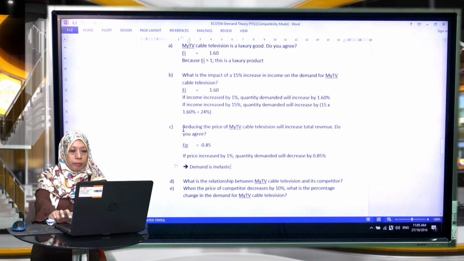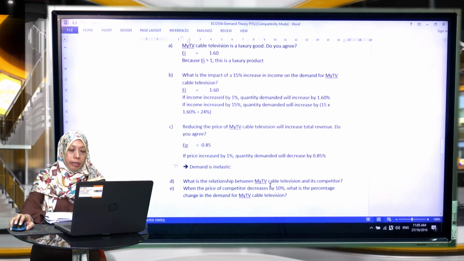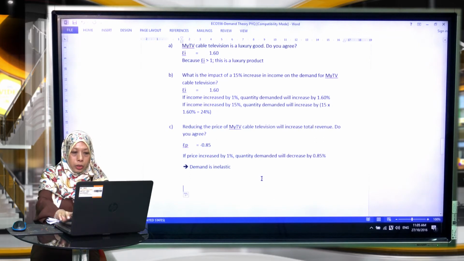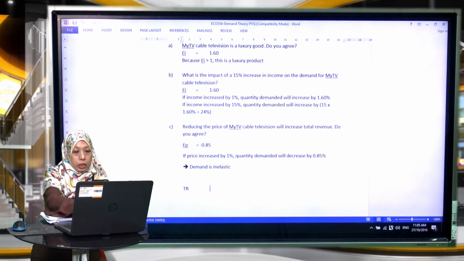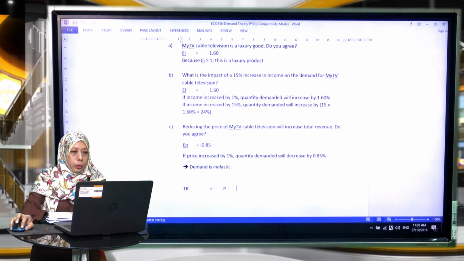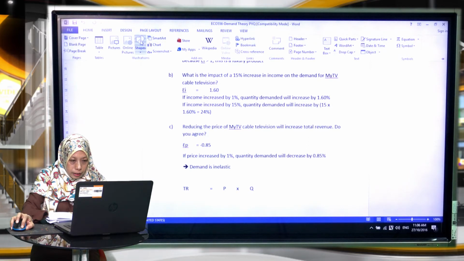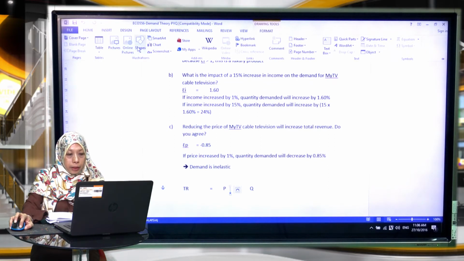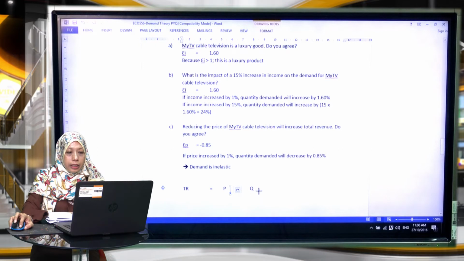Notice that if we reduce price, what will happen? Total revenue is P multiplied by Q. You decided to reduce price. What is the impact on quantity? Well, quantity demanded will definitely increase, but because demand is not sensitive, the increase in quantity demanded is very small.